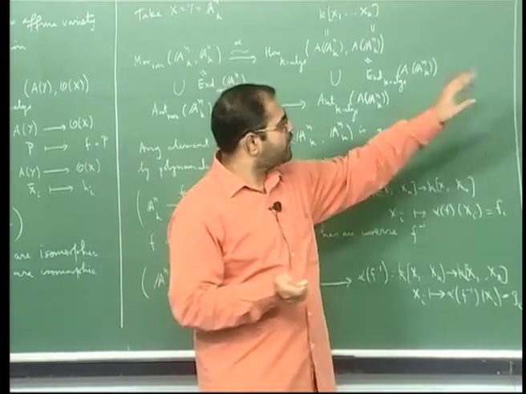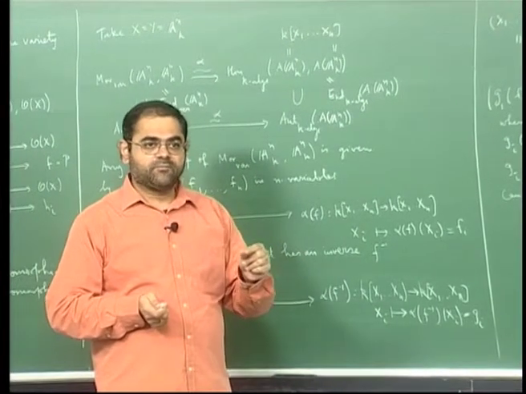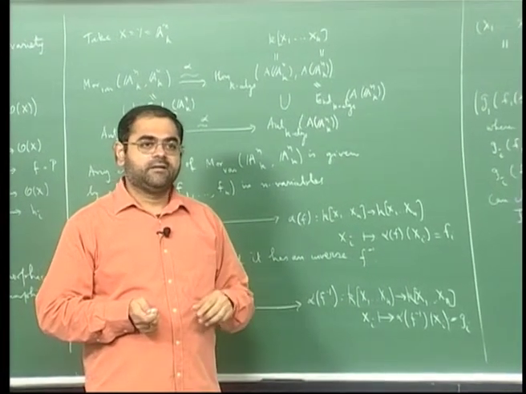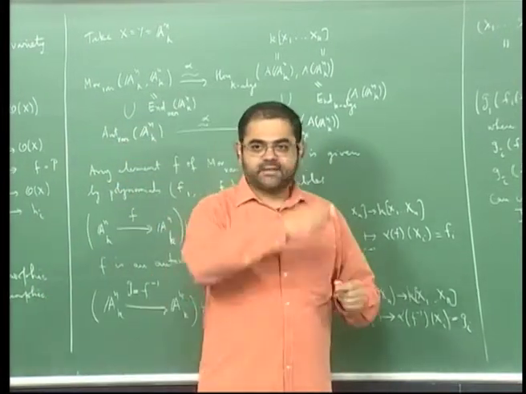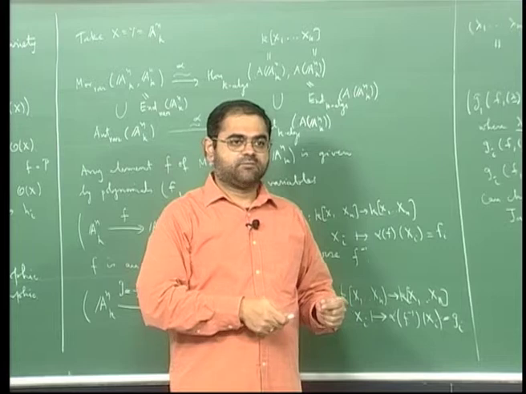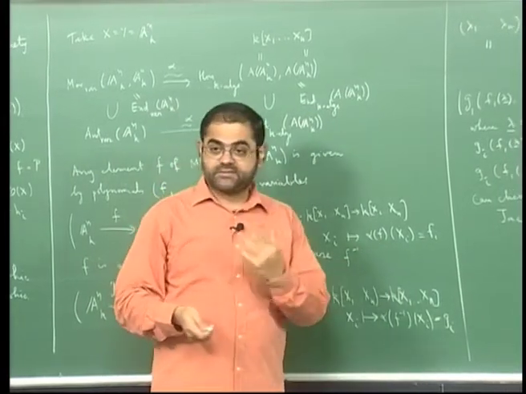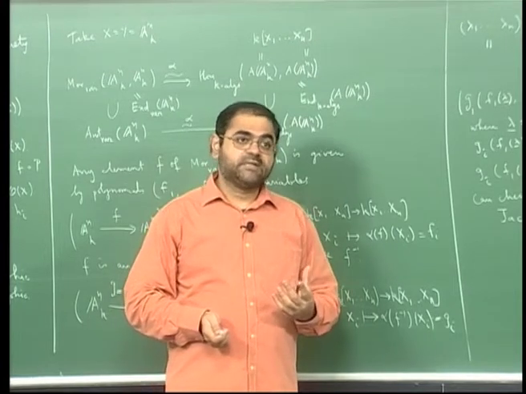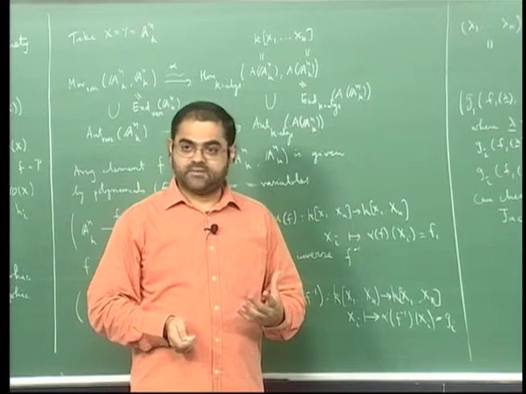I have n polynomials, I differentiate each of them with respect to the n variables, so I get this Jacobian matrix. That is in general going to be a matrix of polynomials again, because if you differentiate a polynomial in n variables partially with respect to one of the variables, the resulting thing is again a polynomial in n variables.